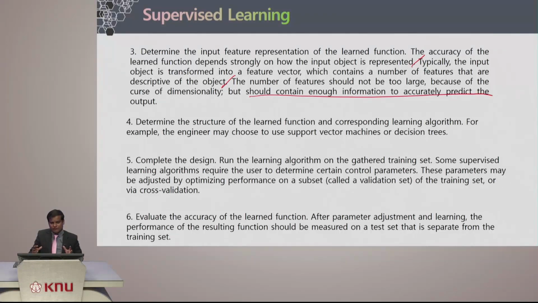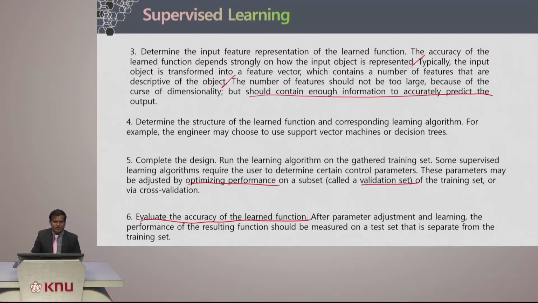So determine the structure of the learning function corresponding to the learning algorithm, and after which you also have to evaluate the system. There may be many parameters that have to be adjusted to optimize the performance of the system. You have to validate the training set, or do cross validation. After the validation you also have to check the accuracy of the learned function.